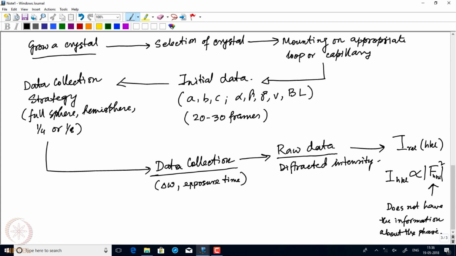So when we convert the intensity to a structure factor, we only get the structure factor amplitude. We are not getting the phase information of the structure factor. This problem that we always encounter is called the phase problem in X-ray diffraction.